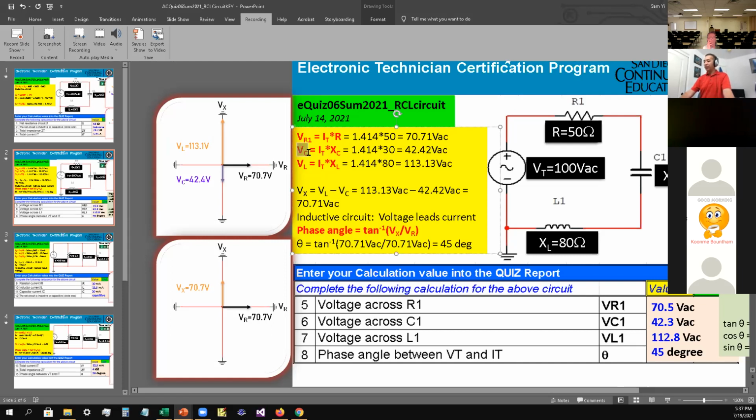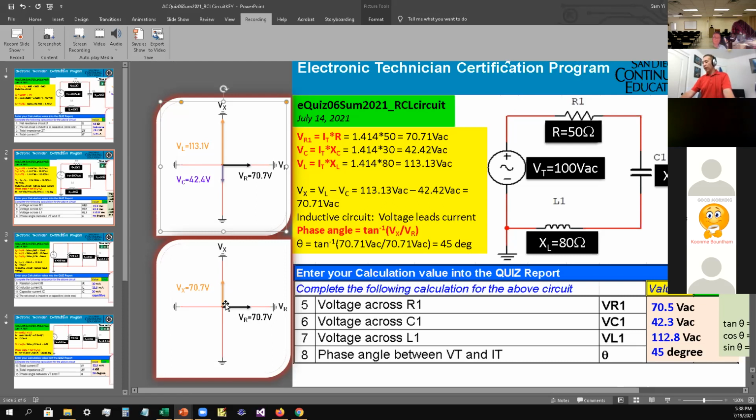And in a capacitor, the voltage lags current, so that's why the VC is pointing down by 40.4 volts. And then VR would be here. VR is 70.7 VAC. Now we can combine the ones that are on the VX axis, leaving just the 70.7 volts pointing up because the VL would be much greater.